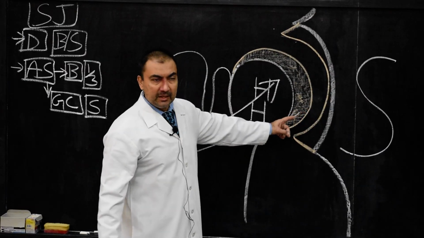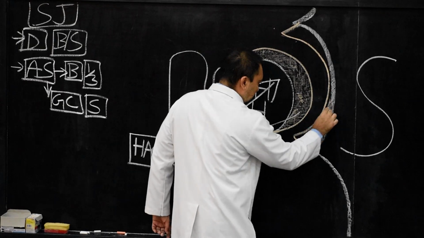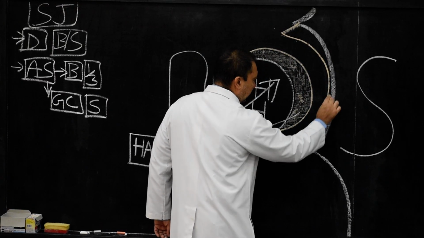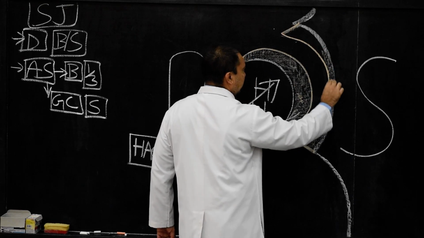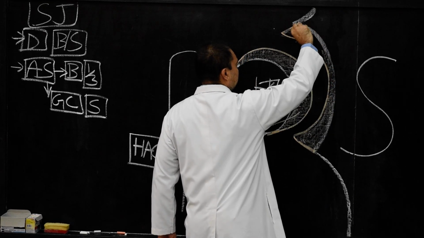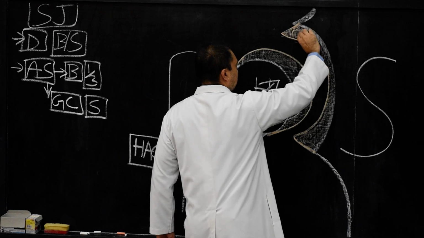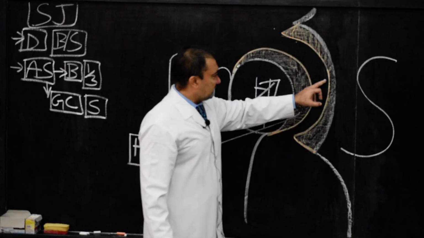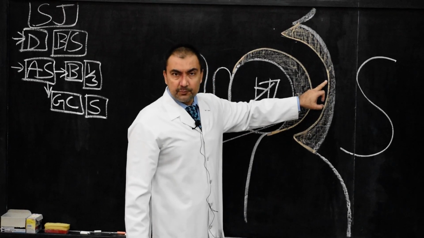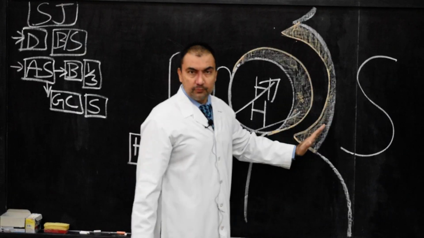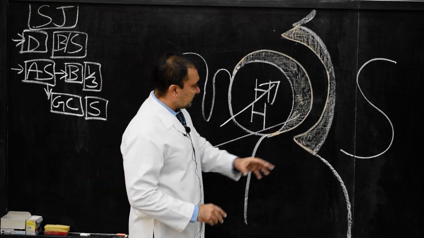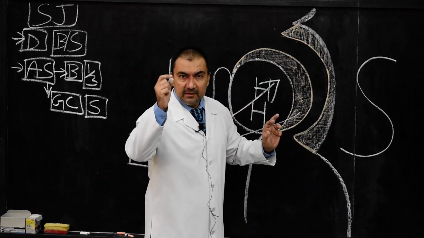This is the hyaline articular cartilage covering the glenoid cavity, thicker at the periphery, thinner in the central portion. So it is concave. This is the articular cartilage which covers the glenoid cavity of the scapula.